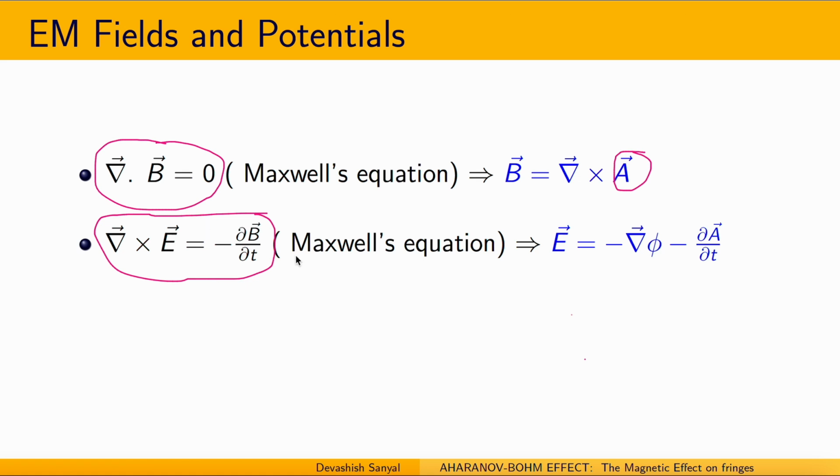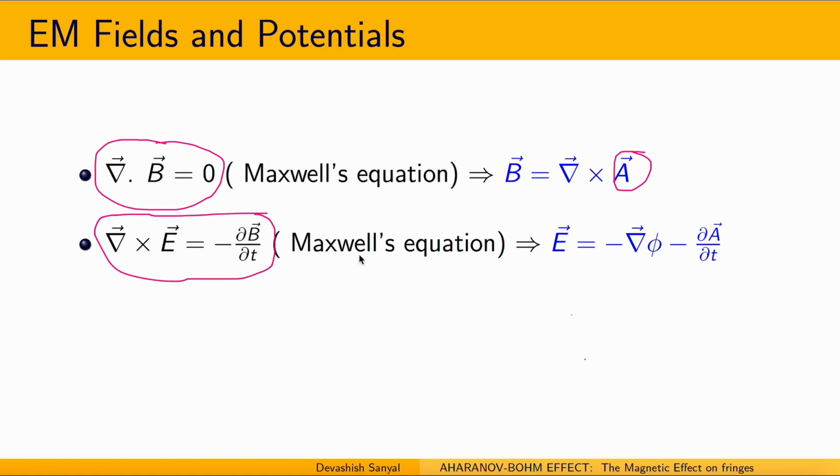This equation can be recast in another form, where we write E as minus gradient of phi minus del A del t. Once we write this relation and substitute here, it immediately satisfies Maxwell's equation.